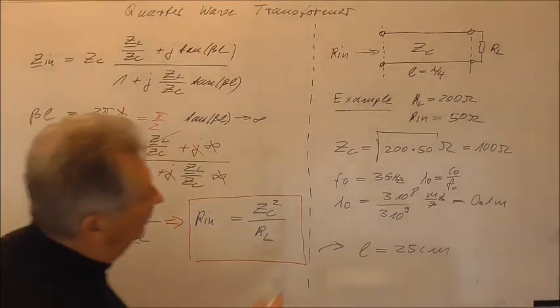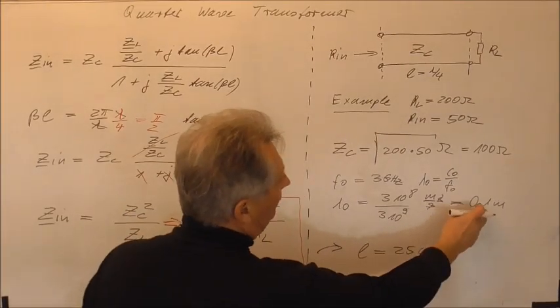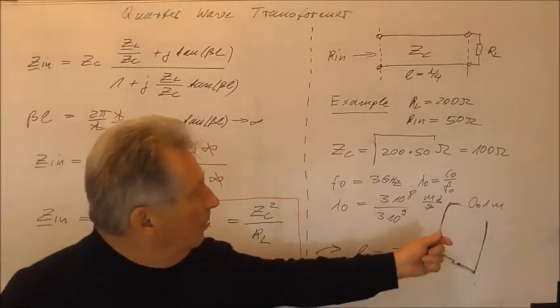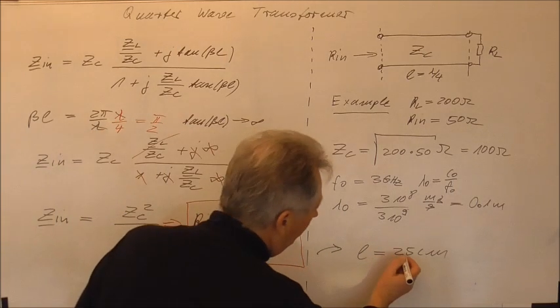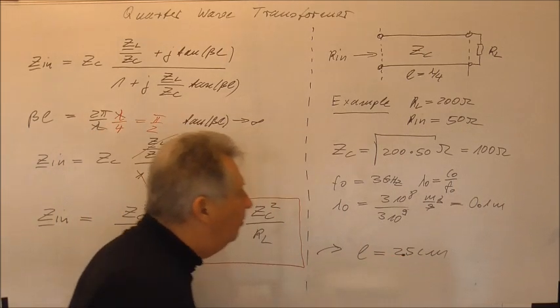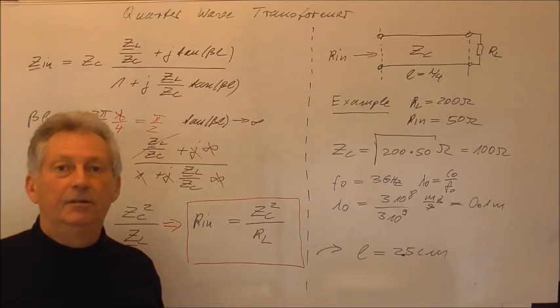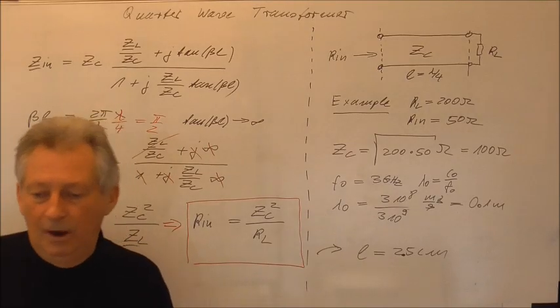Sorry, I made a small mistake here. Of course, if I have 0.1 meter, which means 10 centimeters, we will have 2.5 centimeter as the length of our quarter wave transformer.